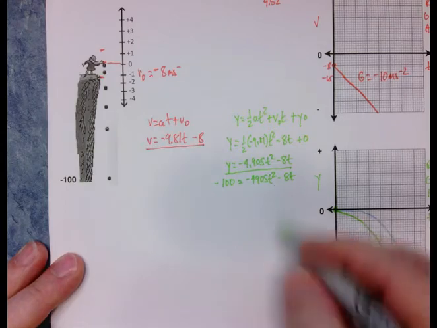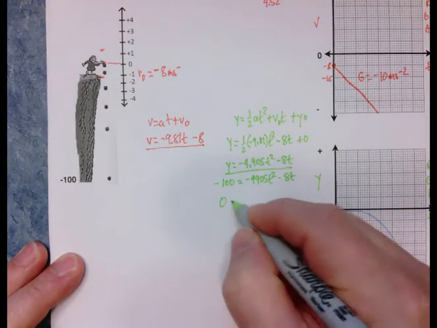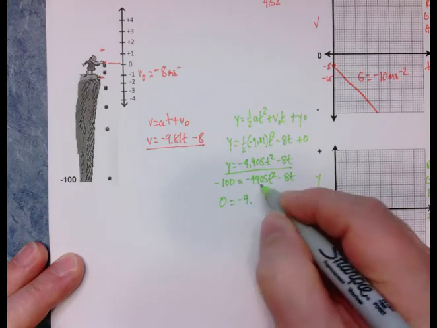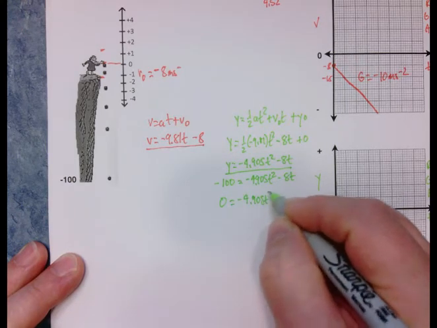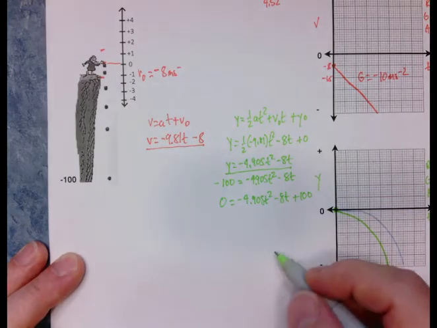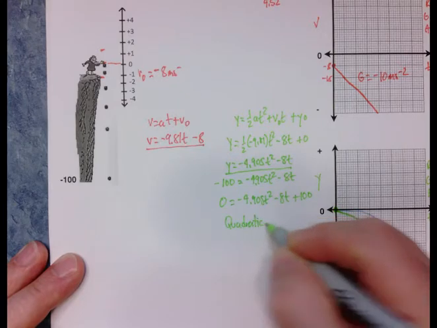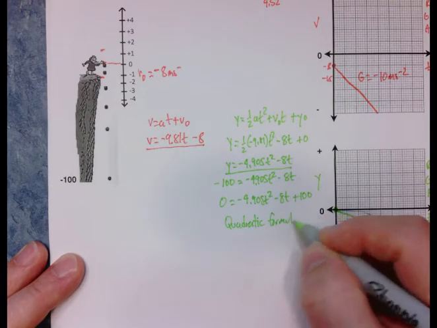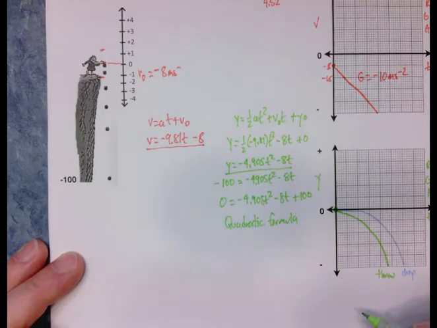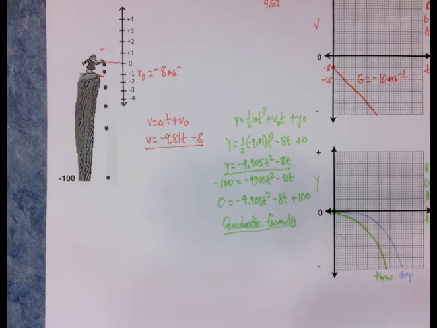So we could in this case solve this and say 0 equals negative 4.905 t squared minus 8t plus 100, and then use the quadratic formula to solve it. Complicated, tiresome, difficult. So we are going to use a different approach.